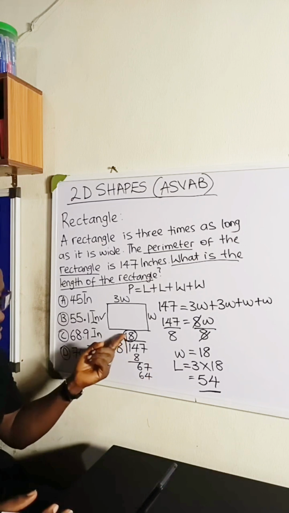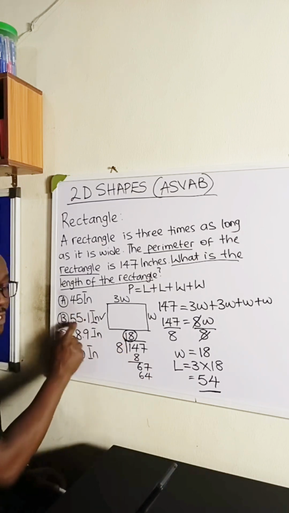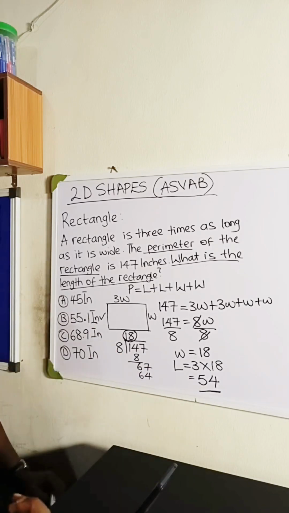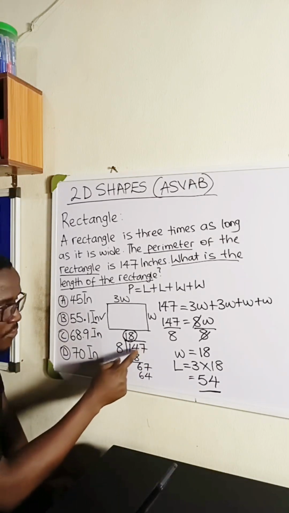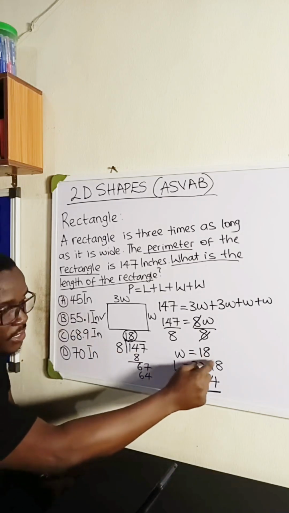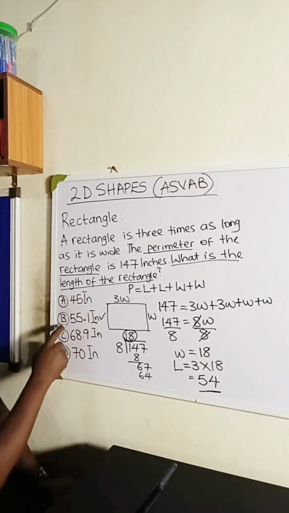Once you've gotten the whole number, you multiply that whole number by 3 and then check for the value that looks closer to 54. If you use your calculator to do 147 divided by 8, you're going to get 18 point something, and 18 point something times 3 is going to give you this number.